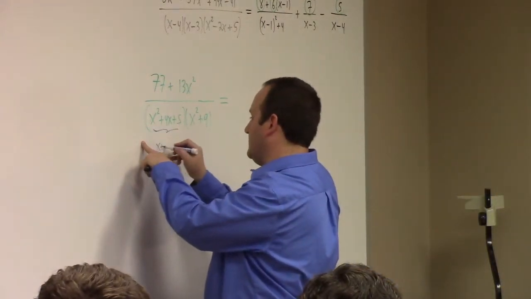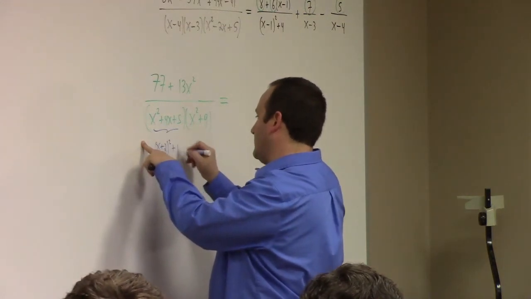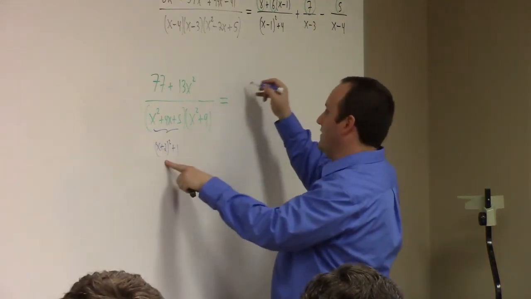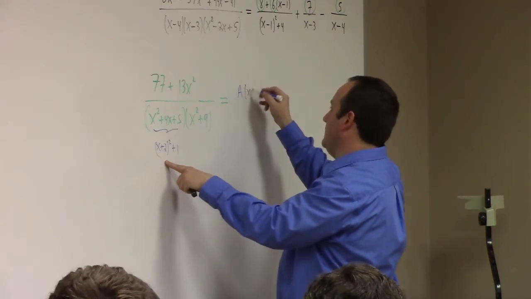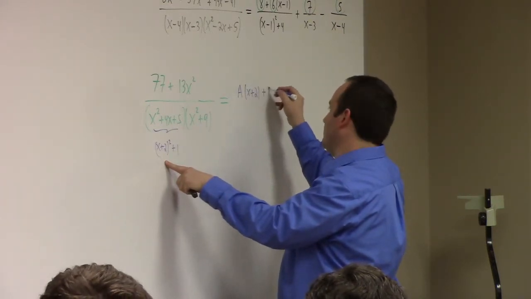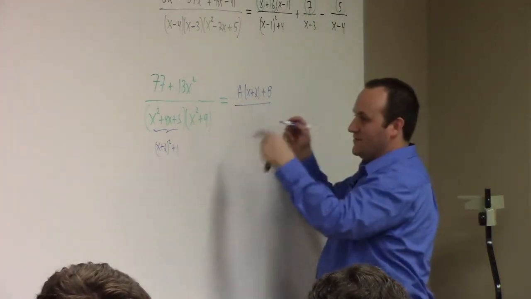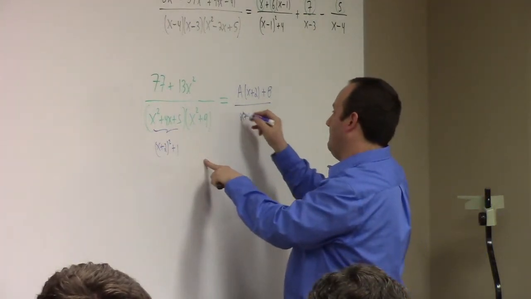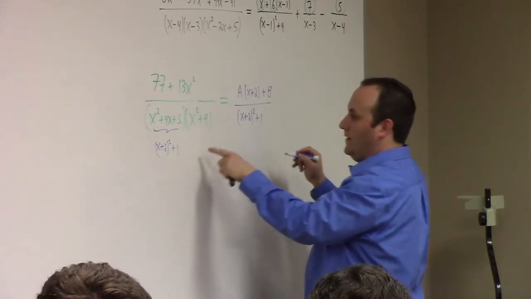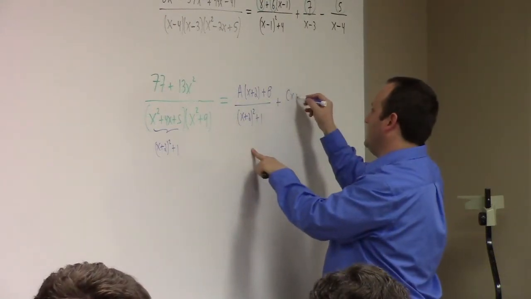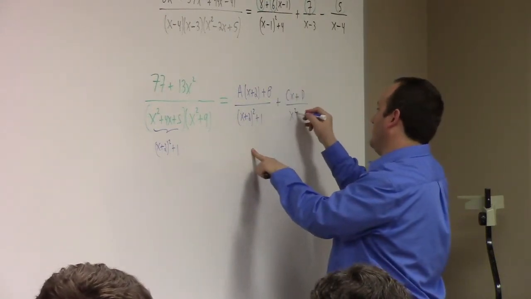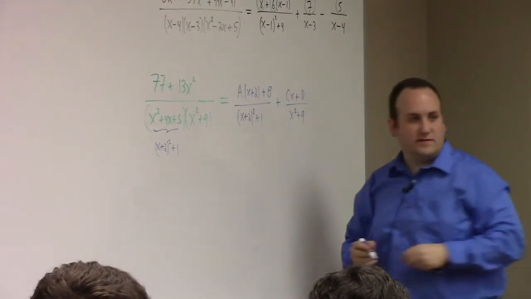This is x plus 2 quantity squared plus 1. So for this, I use a times x plus 2 plus b, or, as I said, I can't make up my mind whether I put this here or here, but whatever. And then I get plus cx plus d over x squared plus 9. That would be the partial fractions decomposition.